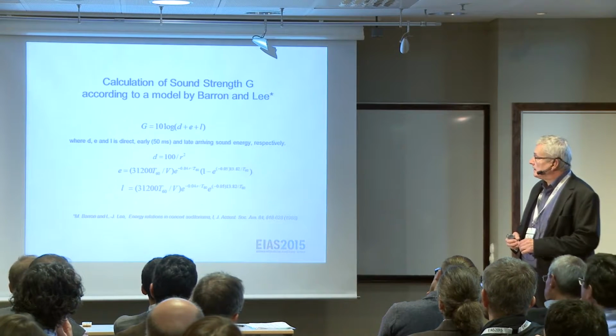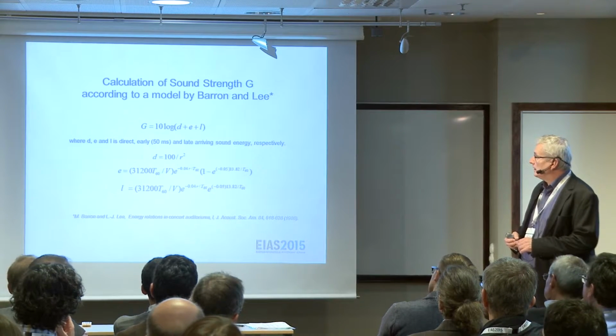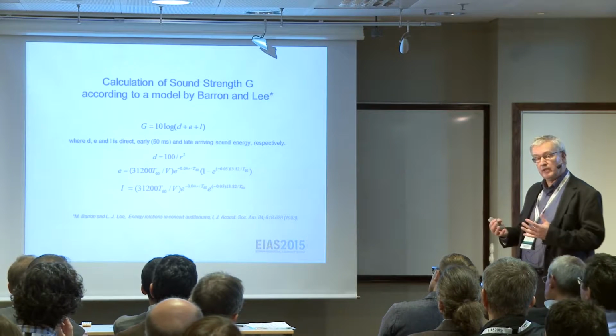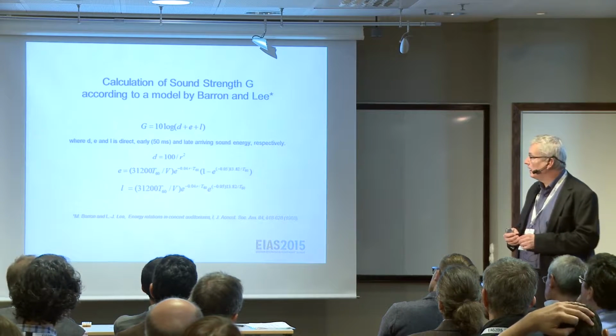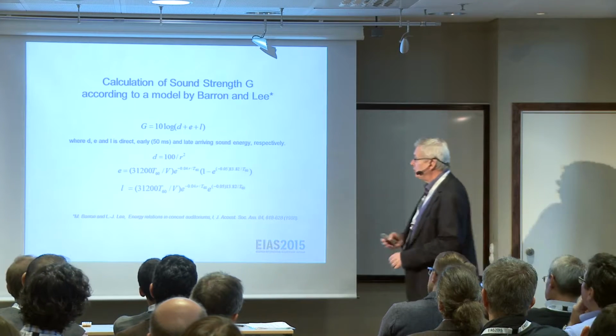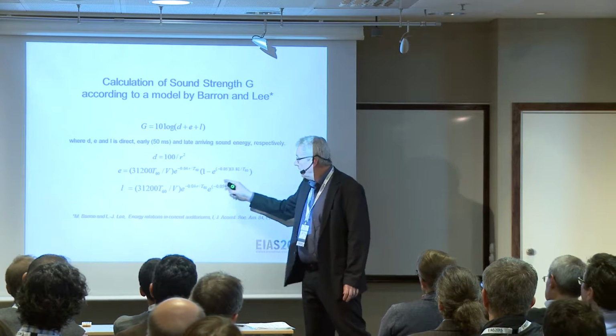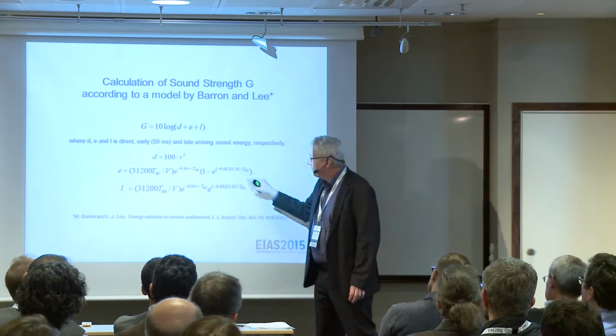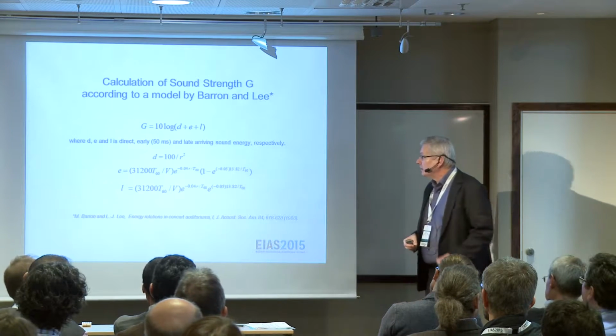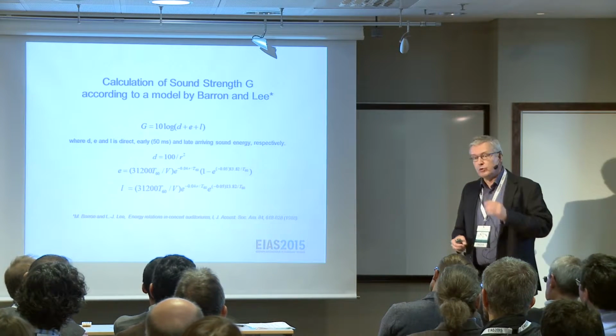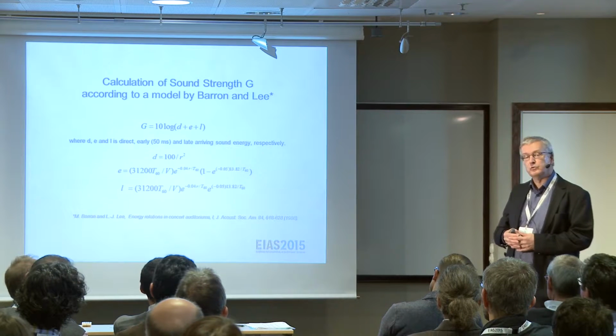But still, this is based on diffuse field theory. And as you can see, it also assumes a linear decay. We have the reverberation time here. So it doesn't work directly for rooms with ceiling treatment.